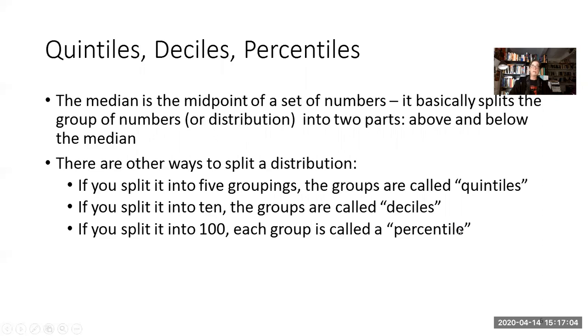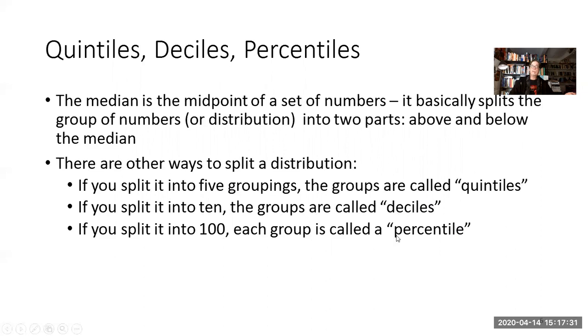You can divide a population or distribution up. The terms are almost synonymous here for our purposes. You can split it into 5 groups, each accounting for 20% of the population or distribution. If you split it into 5, each of these groups is called a quintile. Think of quintuplets, 5 children. You split it into 10, they're deciles. And split it into 100, it's a percentile.